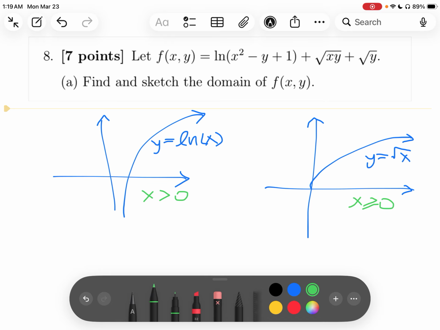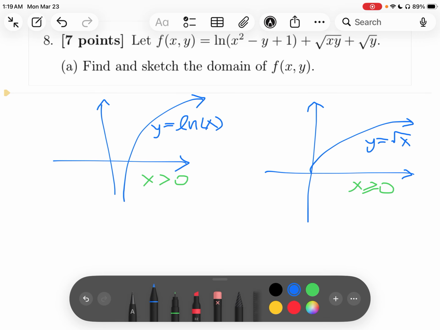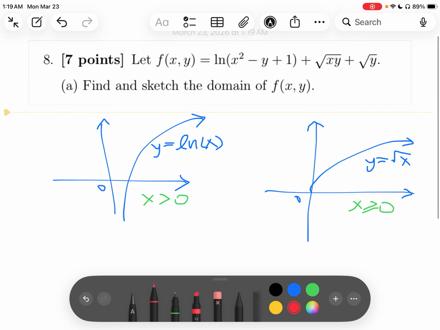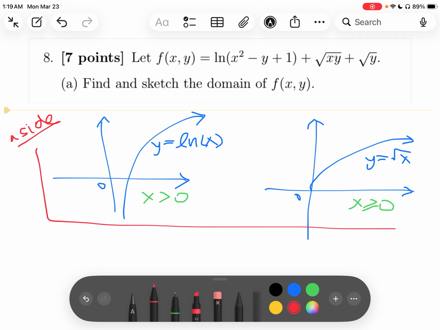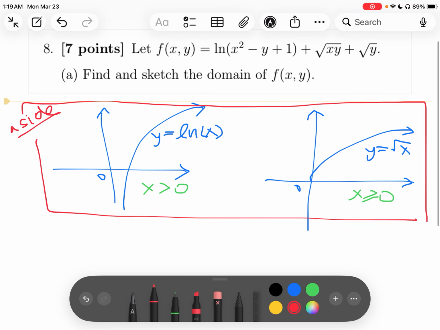So now what we have to do is apply these in the function that we have. This is just an aside, so it's not part of the solution. Now we apply this in the function.